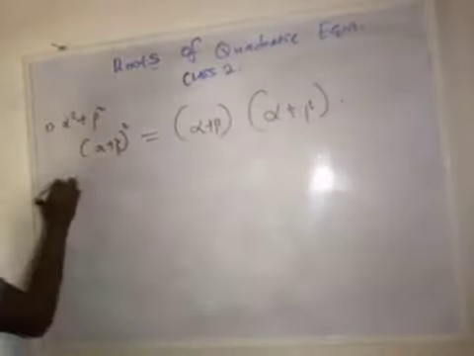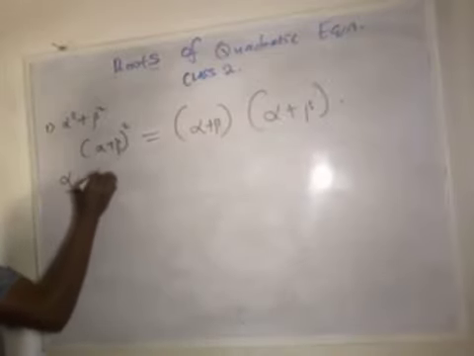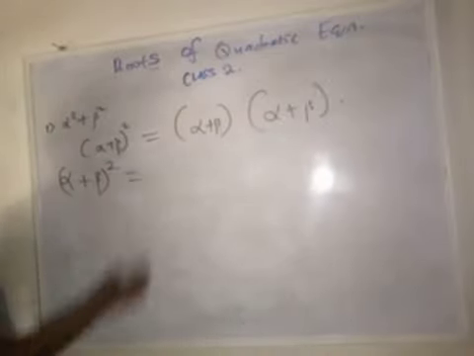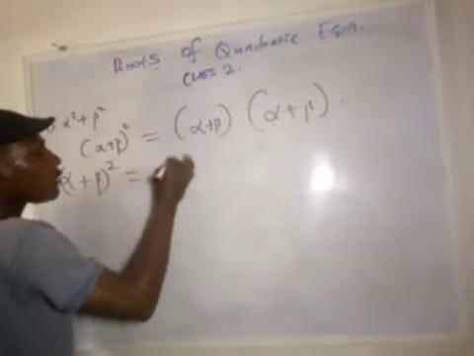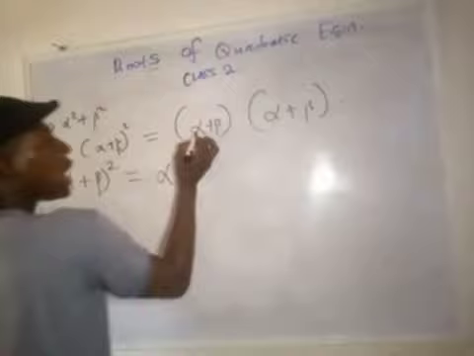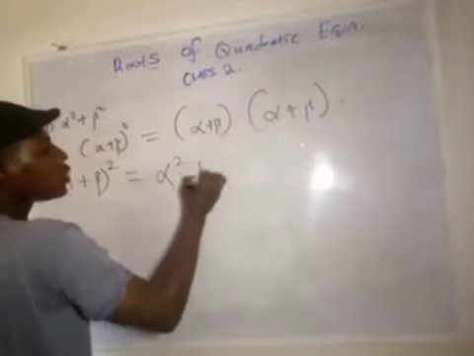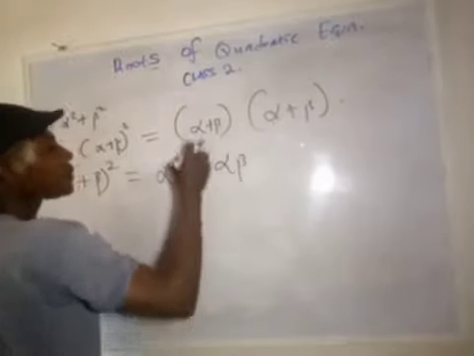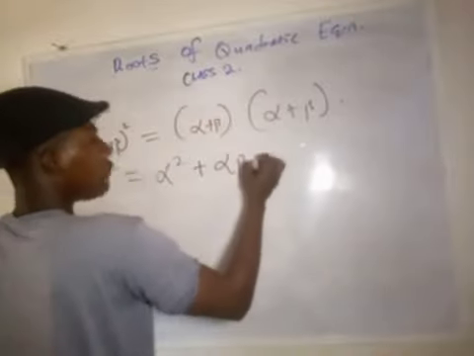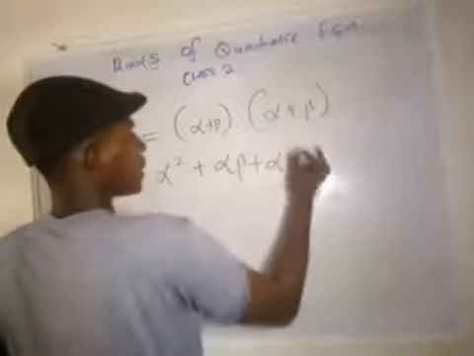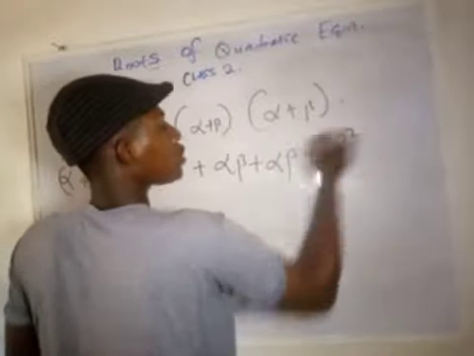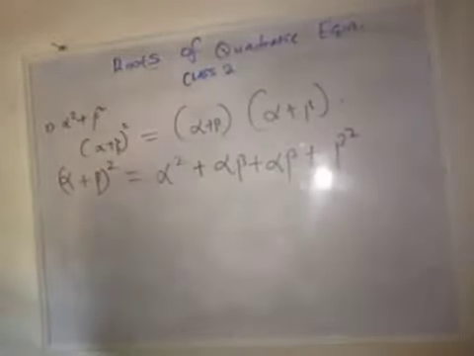Alpha multiplied by alpha will give me alpha squared. Alpha multiplied by beta will give me plus alpha beta. Beta multiplied by alpha will also give me plus alpha beta, while beta multiplied by beta will give me plus beta squared. Are we getting something here?